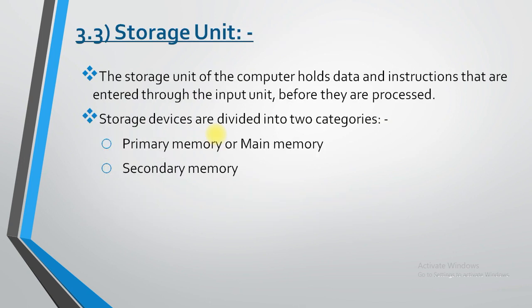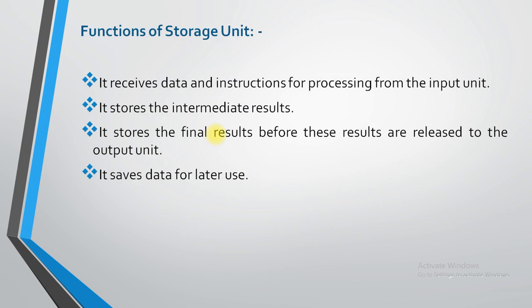Storage unit is responsible to hold the data and instructions that can be entered through the input unit and before they are processed. And there are 2 types of storage unit. Number 1, primary memory or main memory. Number 2, secondary memory.